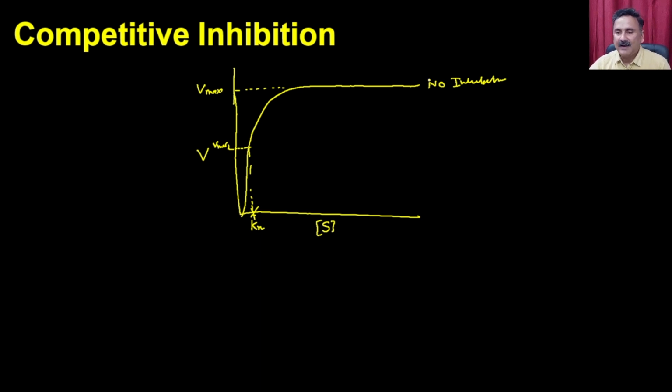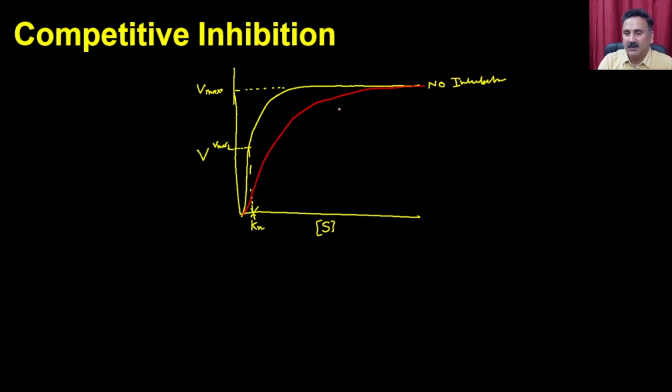Now, when you add the inhibitor, it is going to take up some of the enzyme, and that's how it is going to reduce the effective concentration of the enzyme. So in that case, it is going to take a longer time to reach the Vmax. That is going to happen like this. As a result, the ramping of the velocity is less.